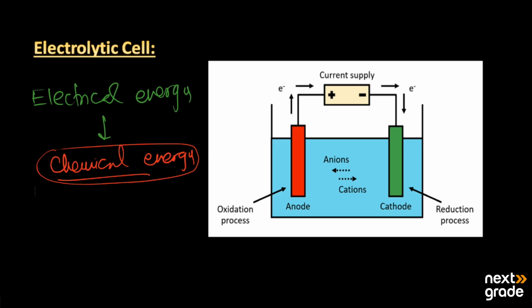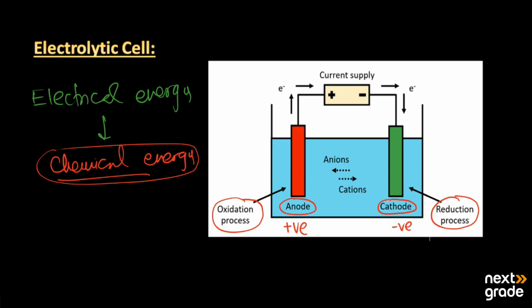Basically, it consists of two electrodes. One electrode is called the anode, which has a positive charge, and the other is the cathode, which has a negative charge. The process of oxidation takes place at the anode and the process of reduction takes place at the cathode.